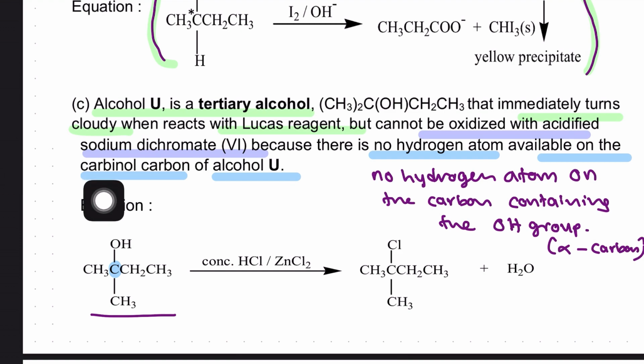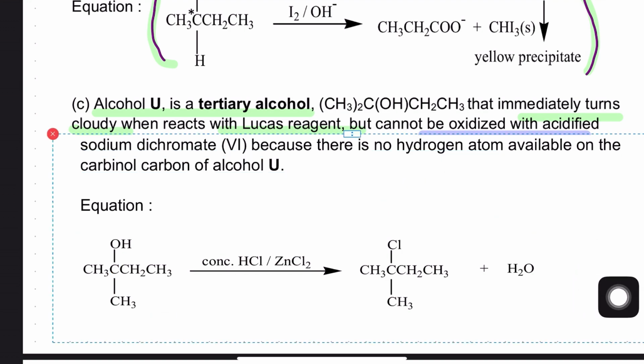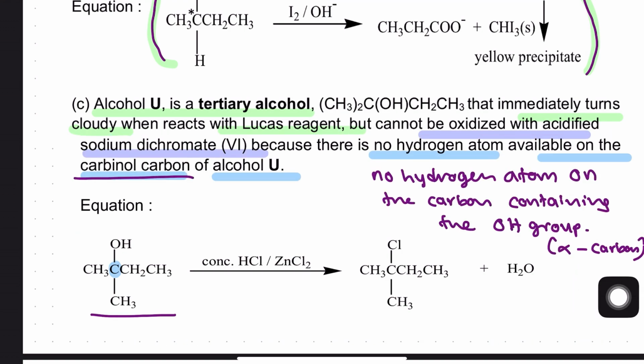Okay, and that carbon is known as carbinol carbon. If let's say you forget the word carbinol, you can also mention it in full words, whereby no hydrogen atom is on the carbon containing the OH group, which is the alpha carbon. And that is the equation for your Lucas test. Okay, so please remember this, right?